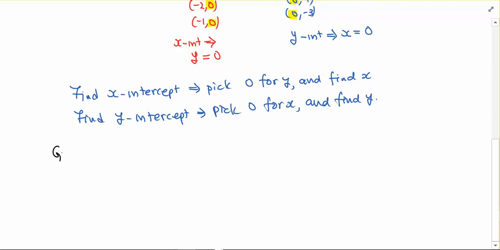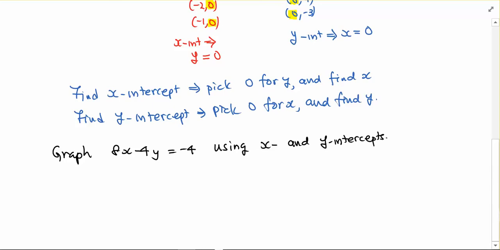Graph 8x minus 4y equals negative 4 using, now this is key, using x and y intercepts. Many students get these kinds of problems wrong.